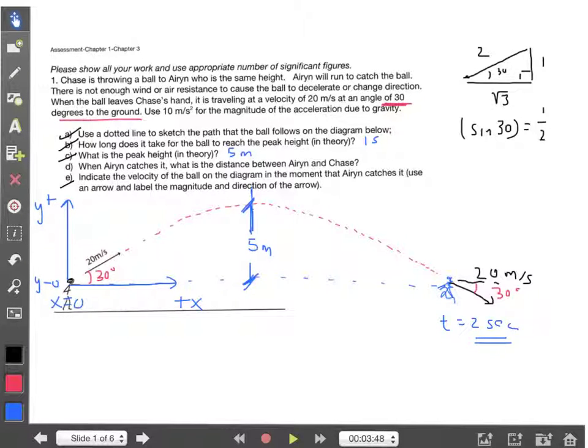We also know that the velocity in the x direction is going to be constant throughout the flight, and we know this because we're ignoring a whole bunch of real things. We're pretending like they don't matter.